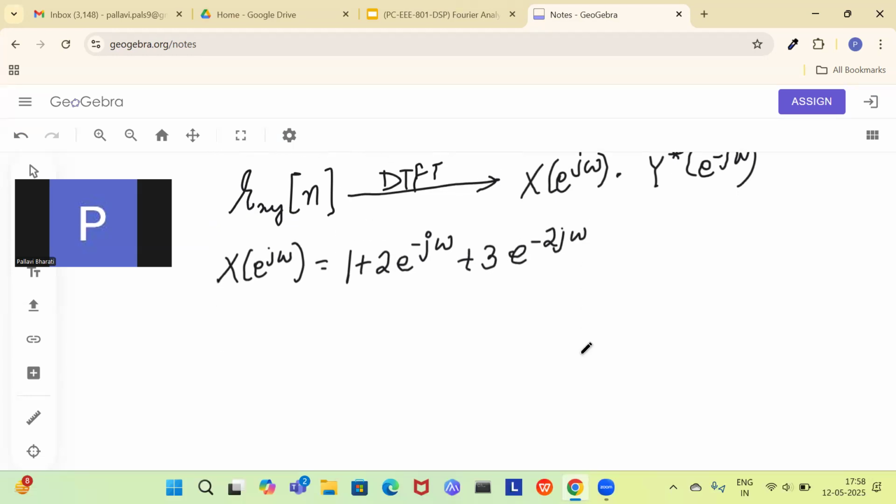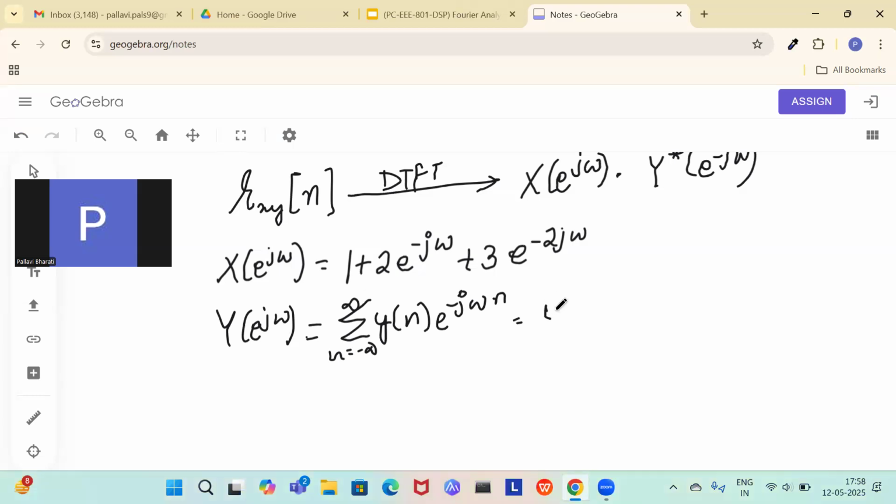Okay, I'll do this for y of n. So y of n was given to us as 4, 5, 6. Anyway, Y of e to the j omega you have to take out. The formula is the sum from minus infinity to infinity of y of n e to the power of minus j omega n. But here, this is a discrete time sequence and the values are present only for 0, 1 and 2.